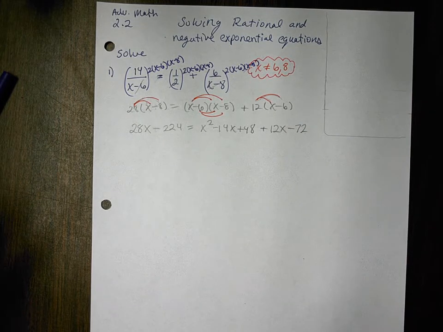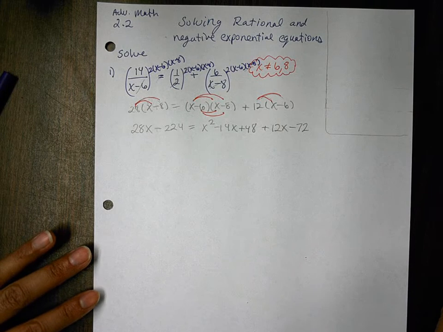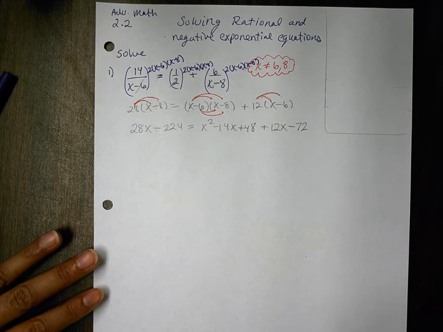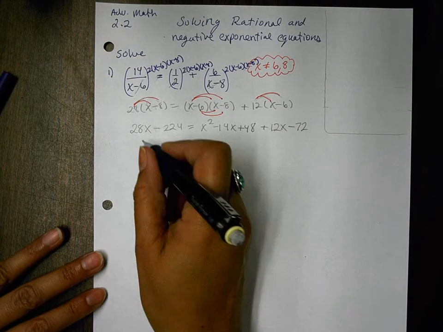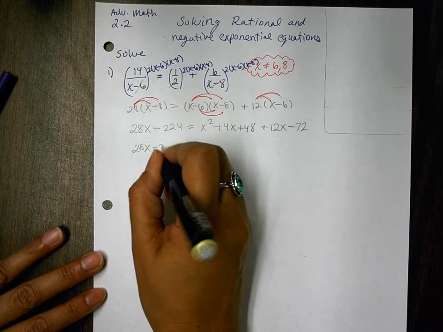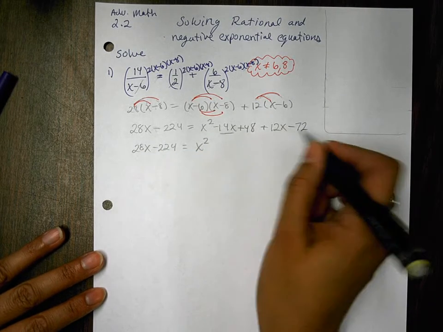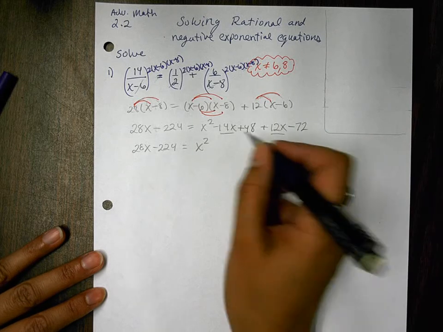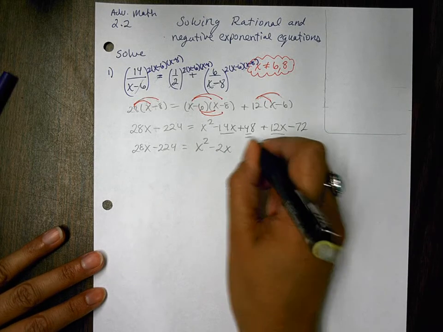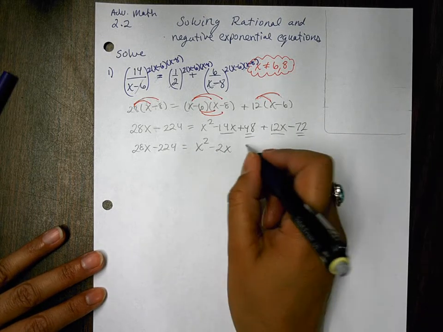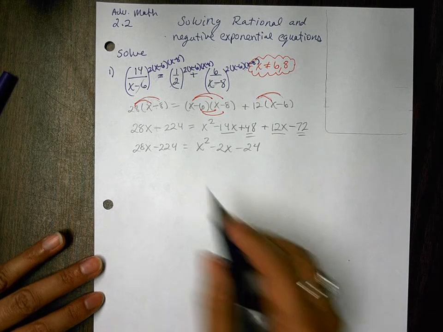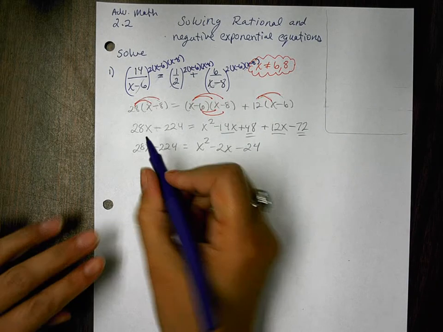Now I'm going to combine like terms and get everything to one side because there is an x squared, which means I'm going to factor and solve. 28x minus 224 equals x squared minus 2x minus 24. Now I'm going to get everything over to the other side.